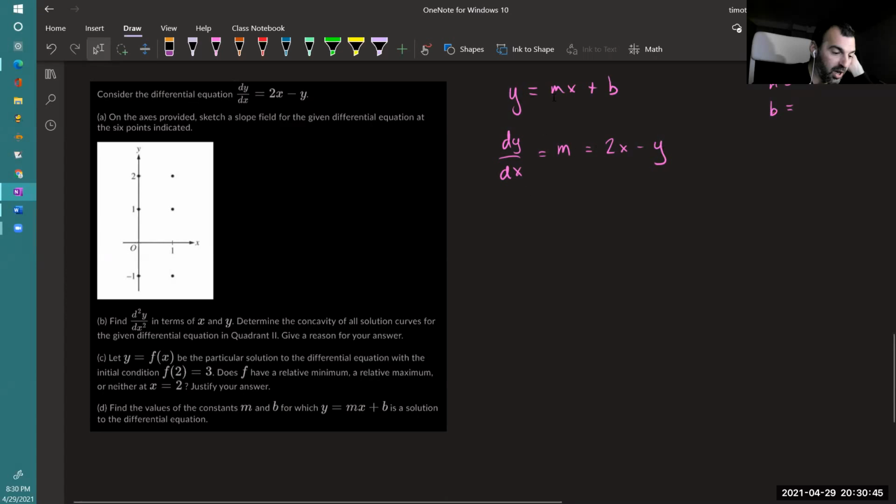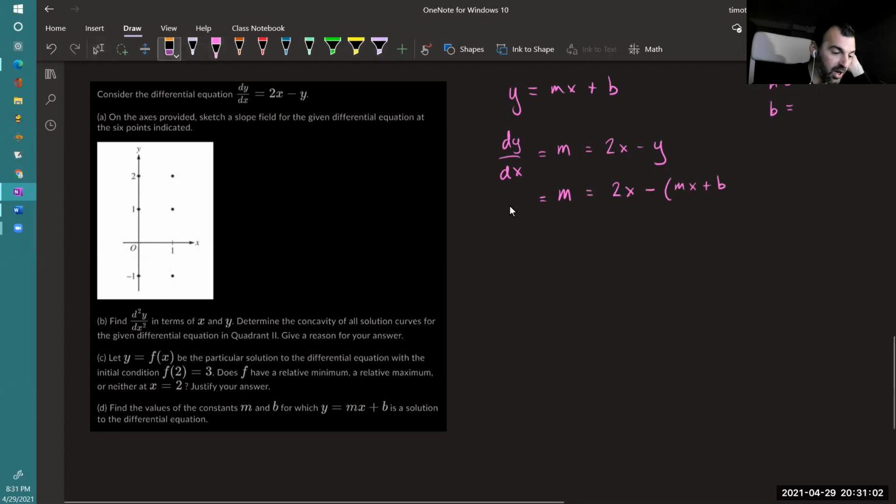But wait, y is also mx plus b. Interesting. So I'm going to be able to write this: m equals 2x minus (mx plus b).